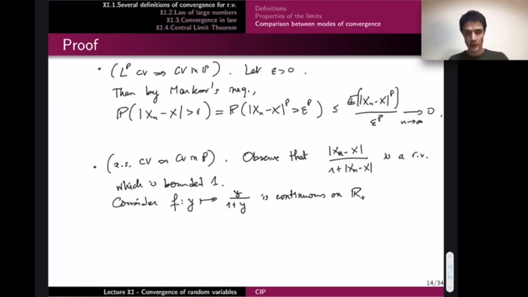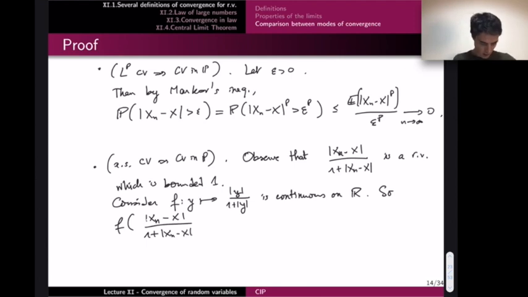Or you can define it on R with the absolute value, maybe it's better. So it's continuous on R. I've said previously that if I have a sequence of random variables that converges almost surely, then f of this sequence converges to f of the limit.